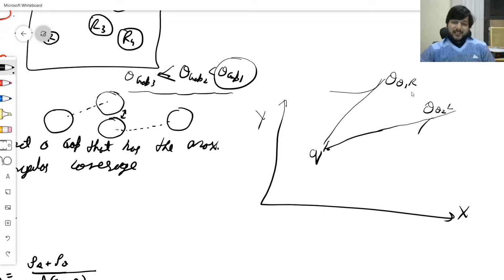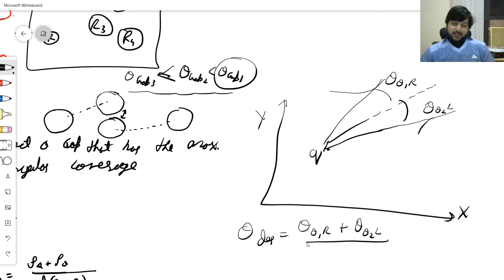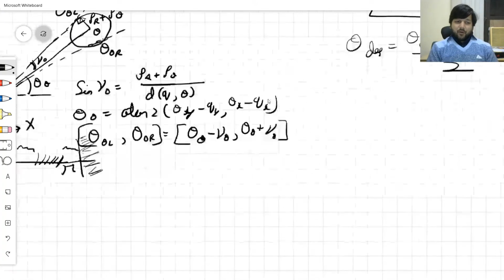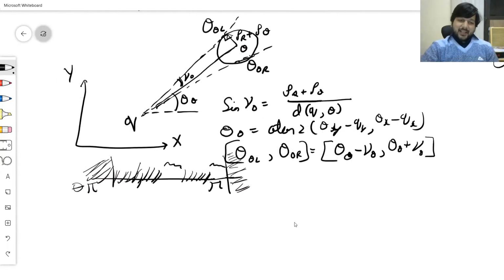So I need to maximize it. That means I travel straight at the bisector of it so that this angular range is maximized. So I say theta desired is equal to theta O1R plus theta O2L divided by 2. Or if you understand it better by number line, so that's my line. This is the largest gap as it appears, it's circular. So this is my theta desired.